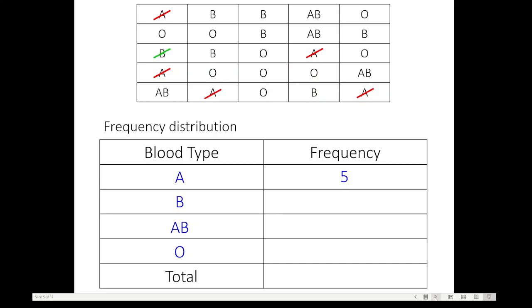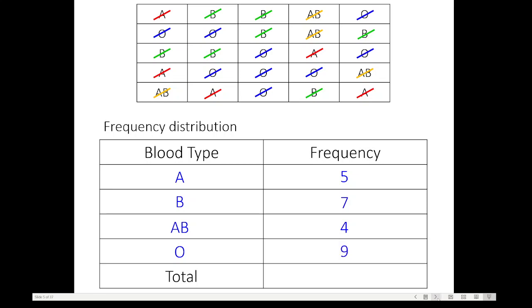So for B, you have 1, 2, and then 3, 4, 5, 6, 7. So you transfer 7, and then you have AB. So AB is 1, 2, 3, 4, 5. Oh, sorry, 4 only. Okay, and then lastly you have O. So you have 1, 2, 3, 4, 5, 6, 7, 8, 9.